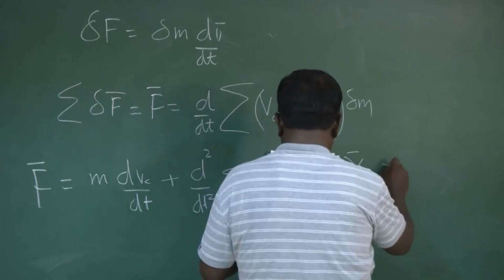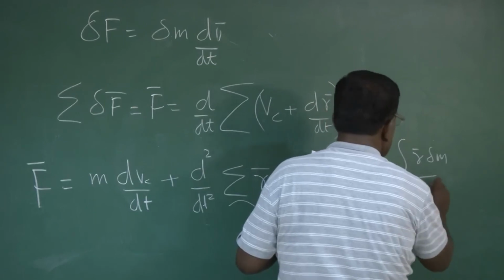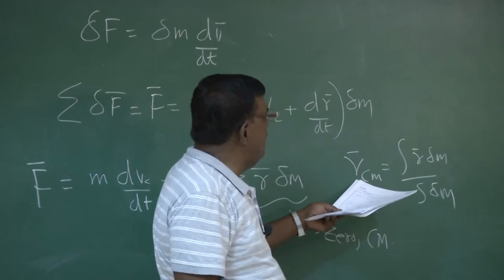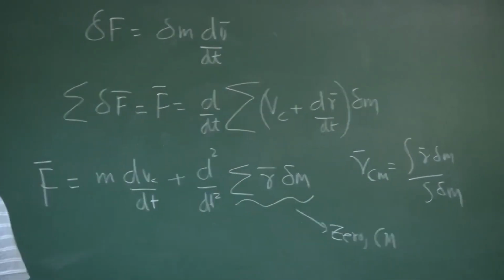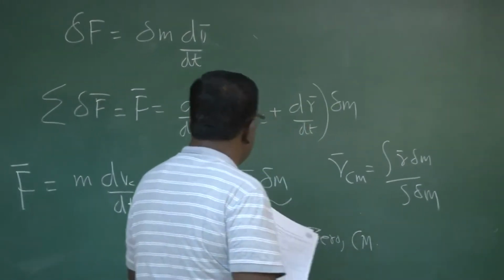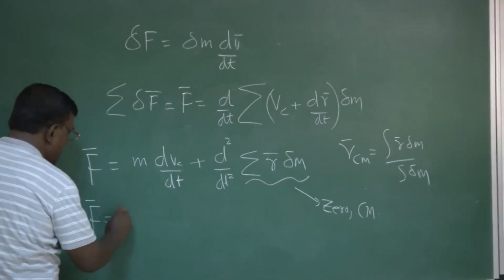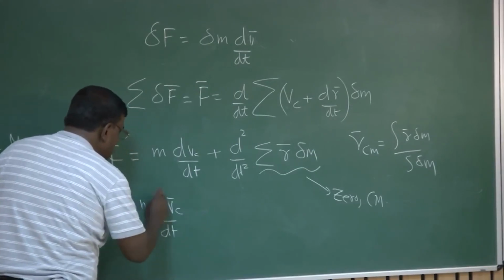R center of mass is integral R dm by integral dm, right? So if RCM is 0 because we have located the axis such that RCM is 0, naturally integral R dm becomes 0. So this term goes. So what you get is F equal to m dVc by dt.